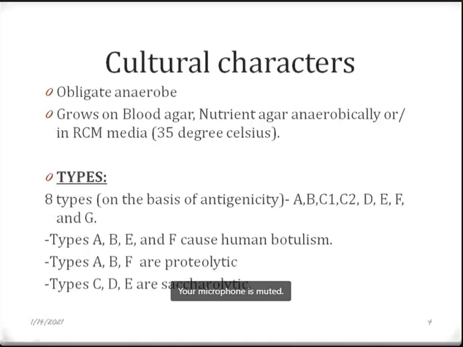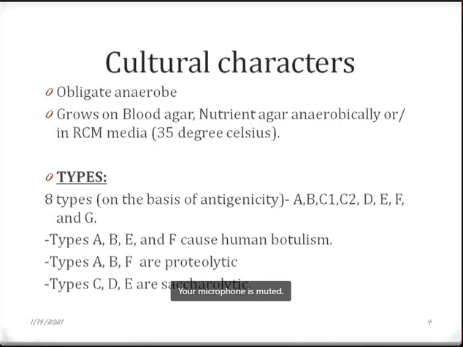It can grow at 35 degrees Celsius. So in cultural characters, Clostridium botulinum is an obligate anaerobe that grows best in Robertson's cooked meat media at 35 degrees Celsius.